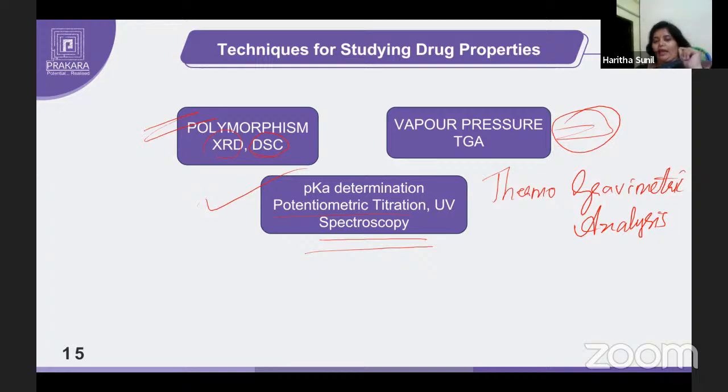So this is the accurate pKa determination for weak acids as well as the bases. And UV spectroscopy monitors the changes in the UV absorbance with pH in order to determine the pKa value. And it is mostly suitable for the drugs with UV absorbing functional groups, right?